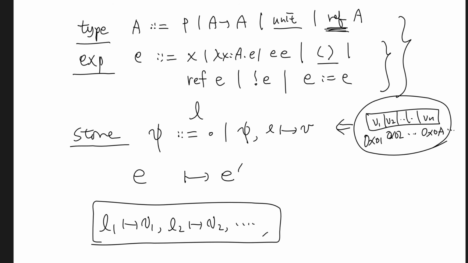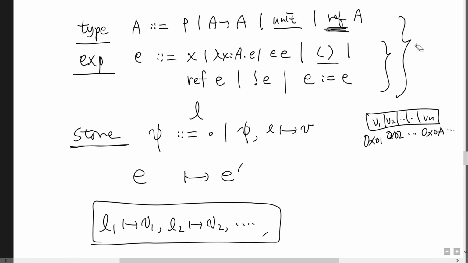But in this formulation of operational semantics, we need some abstract way of representing these memory cells, and that's what this store is for. Okay, so store psi is just a collection of mappings of this form.